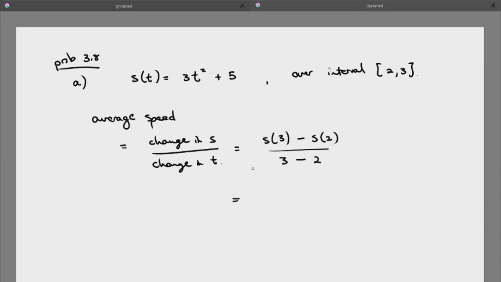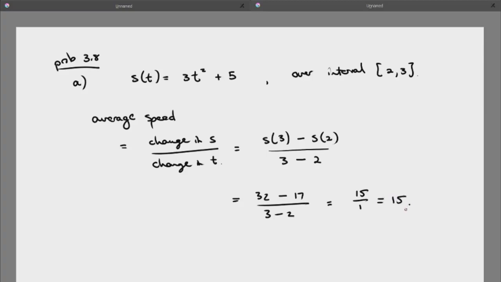And then you plug the 3 into your calculator or do it in your head. I think we do it in our head maybe. Plug in 3, I get 3 squared, that's 9, times 3 is 27, plus 5 is 32. Plug in 2, that t squared is 4, times 3 is 12, plus 5 is 17. I'll leave the 3 minus 2 until we're done. So I get 15 over 1, so 15.